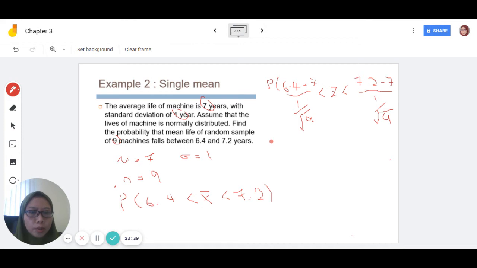So from here we can have P equivalent to 6.4 minus 7 divided by 1 over square root of 9, which is minus 1.8.